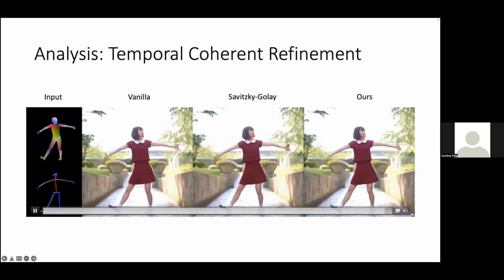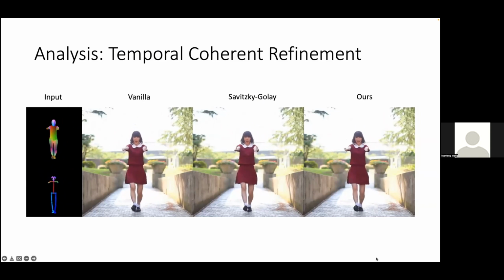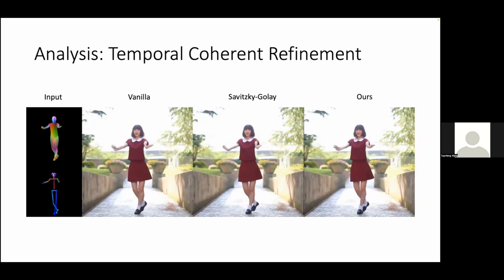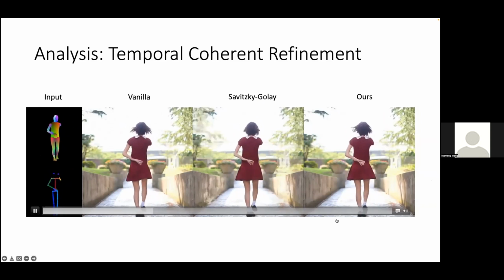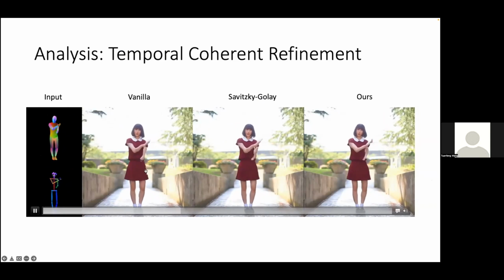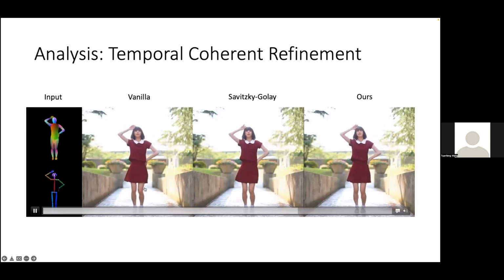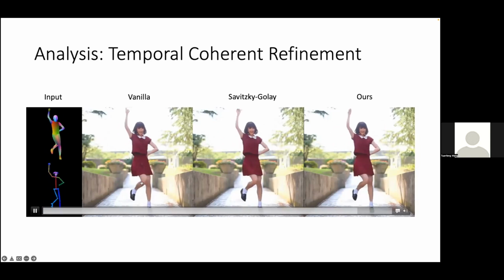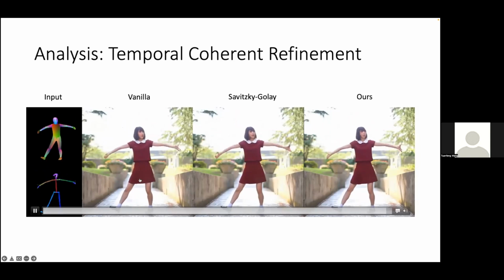And for ours, as you may remember, we use the motion feature to refine the pose feature learned from the upper branch. So you can see that for the vanilla one, there is some jittering of the appearance. I'm not sure if the screen sharing can show this, but at least from my side, I can see that there is some jittering between the neighboring frames.